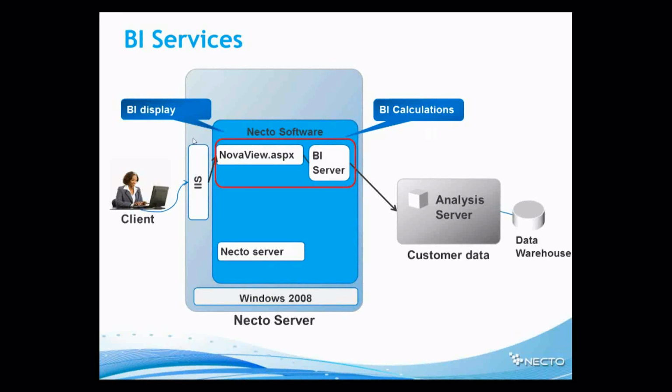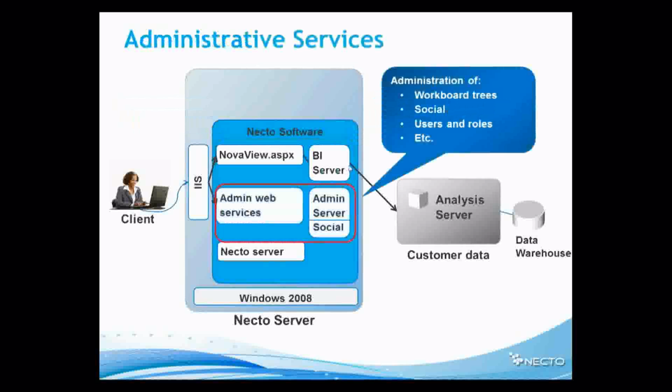So actually, we have a BI display that gives the user the ability to do all of its slice and dice and the member selection. And then after all of this is being done, everything that the user is doing is being sent and received by the BI server.